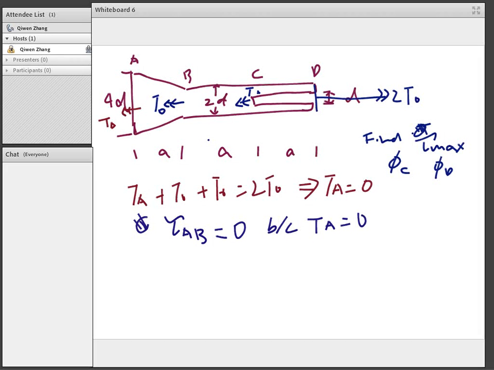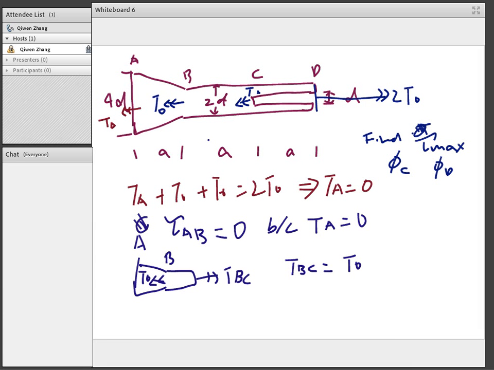Okay, now let's look at the rod segment B and C. If that's B and this is A, let's call this tau BC, and we know that this is T0. From the equilibrium equation, TBC is equal to T0.